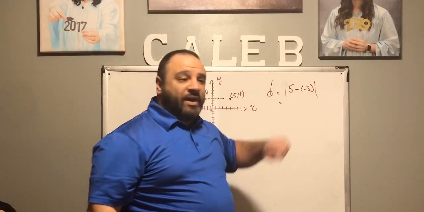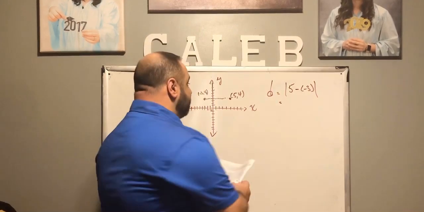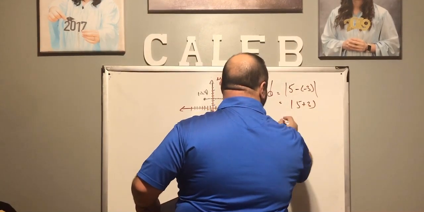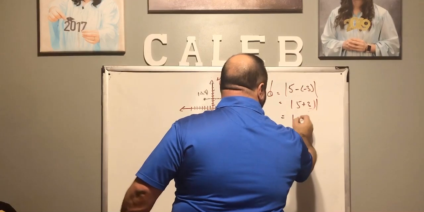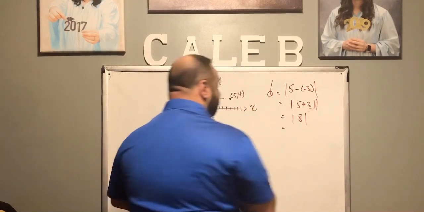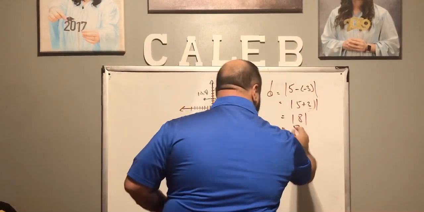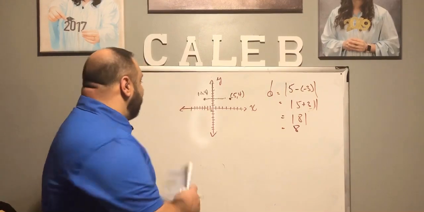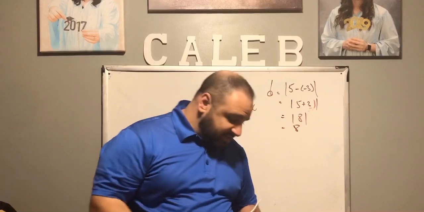Now we have two negative signs, which make a positive. So the absolute value of 5 plus 3. 5 plus 3 is 8, and the absolute value of 8 is 8. So what is the distance between point A and point B? The distance between point A and point B is simply 8.